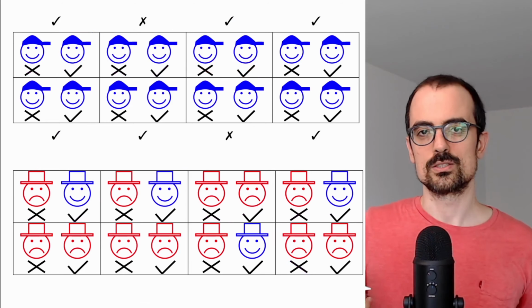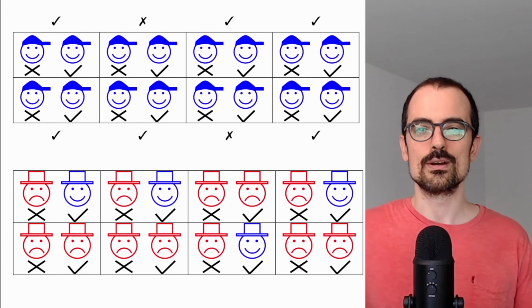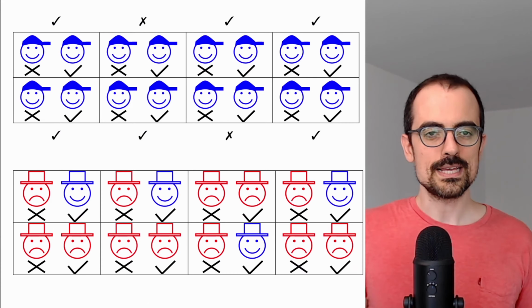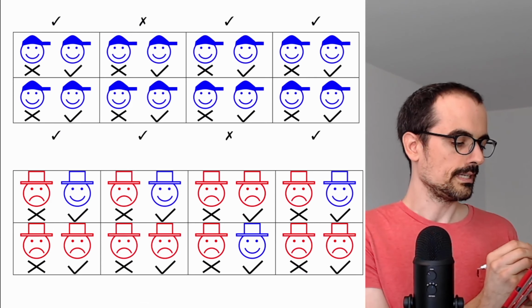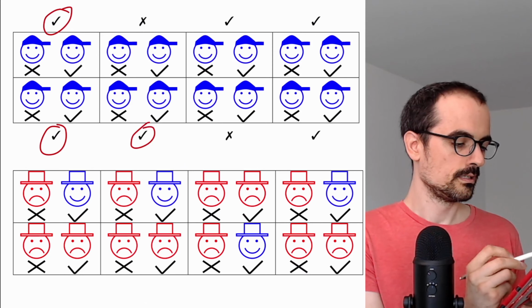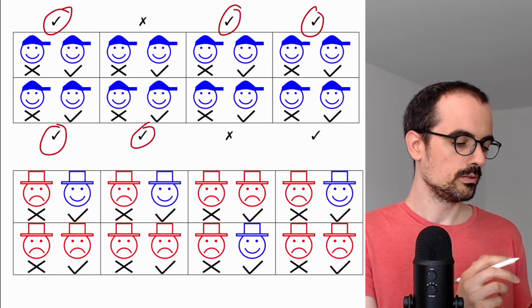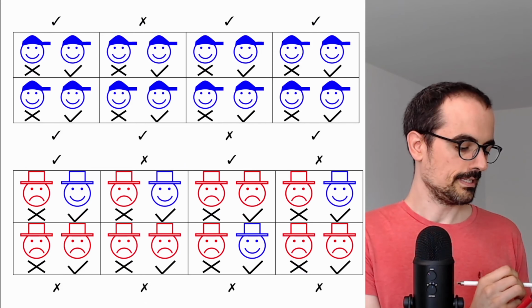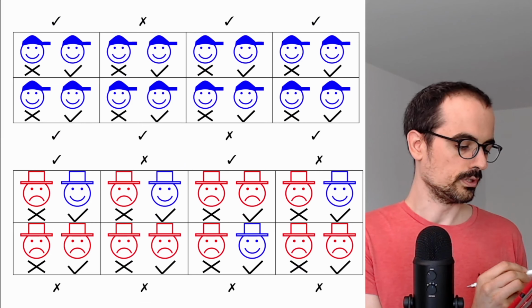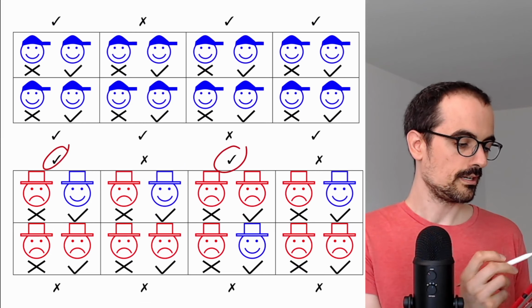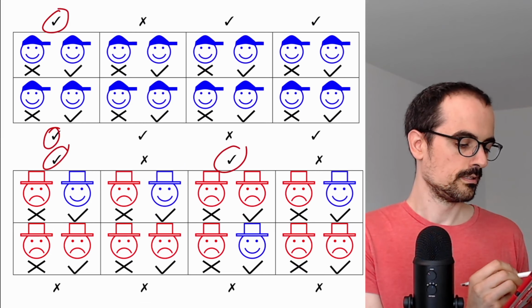Now, because we're not doing a randomized trial, we're just allowing whoever wants to take the medicine, it turns out that the young people take the medicine more often and the old people take the medicine less often. So you can see here that there's just 2 ticks down here and many ticks up there.